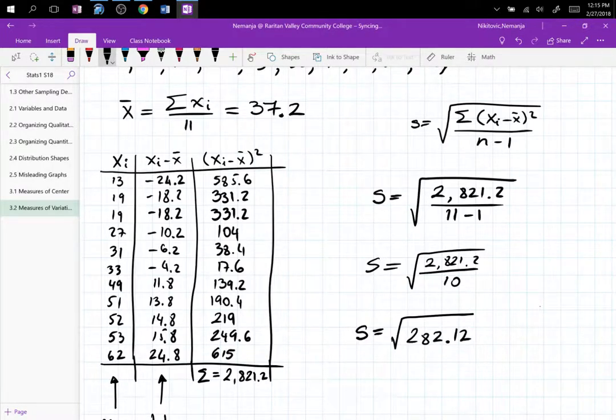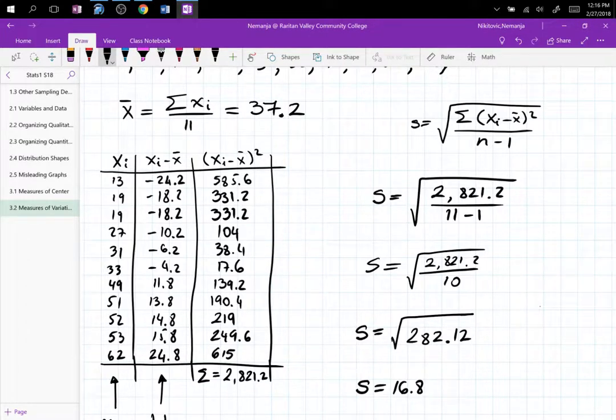Because when you divide by 10, you just move the decimal by 1 place. And now you take the calculator and figure out the square root of 282.12, which gives you 16.8. So standard deviation is 16.8 for this data set.